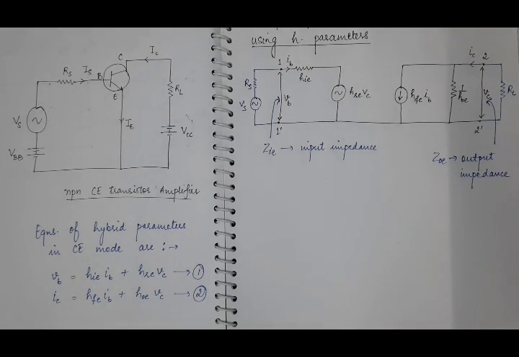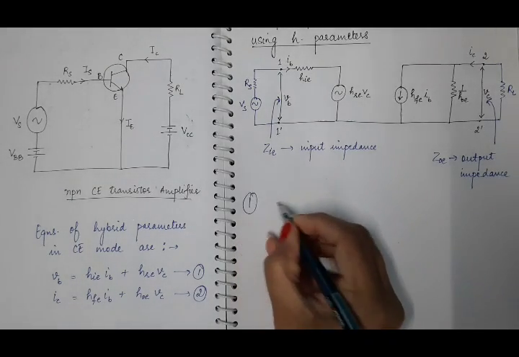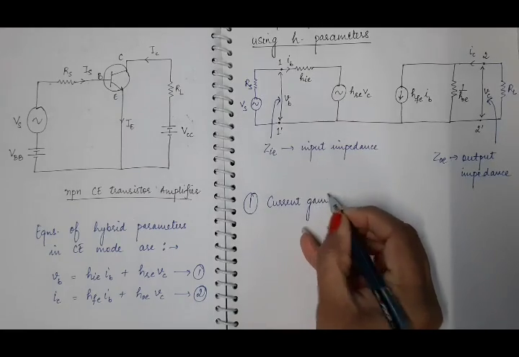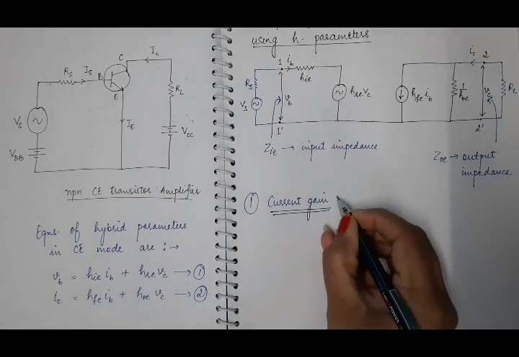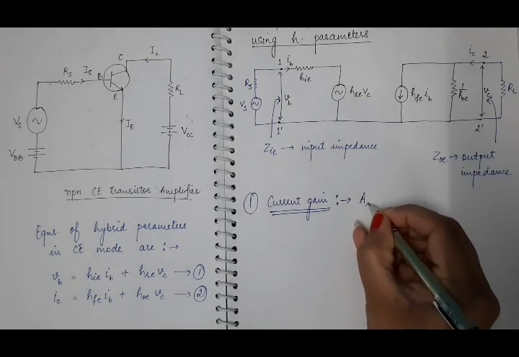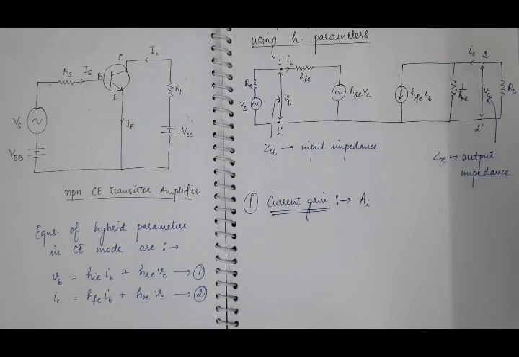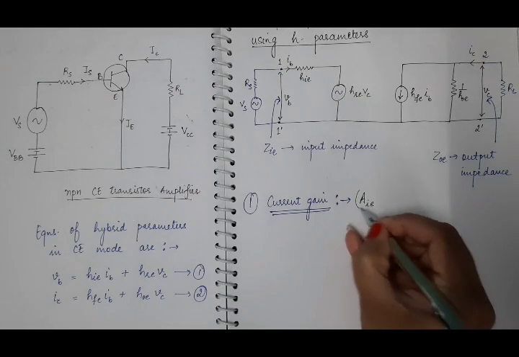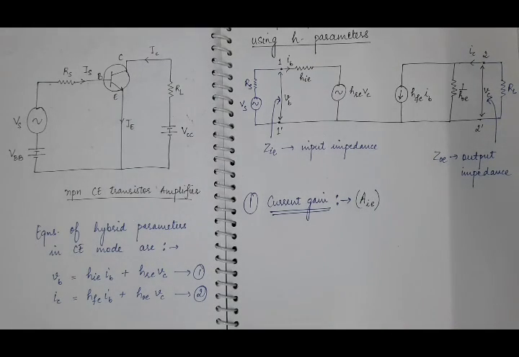So first we will derive the expression for current gain, and we know that current gain is denoted by AI, and as we are using the transistor in common emitter mode, we will use AIE. This is the representation of current gain.